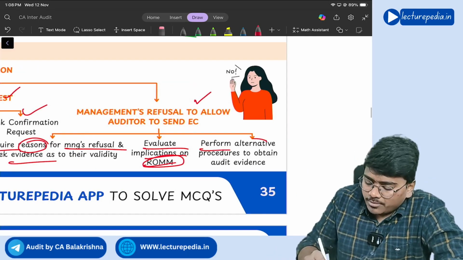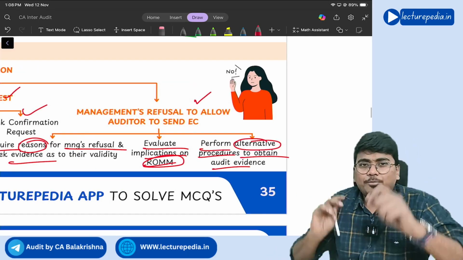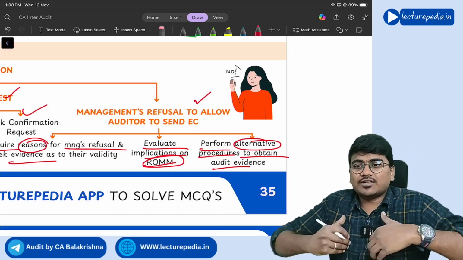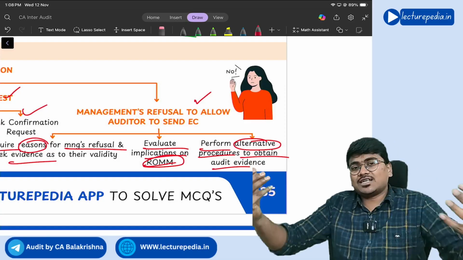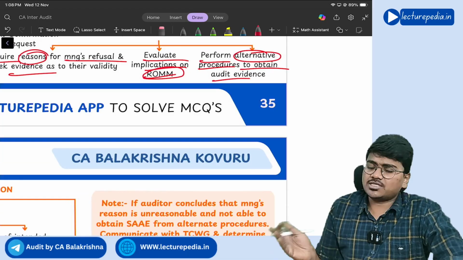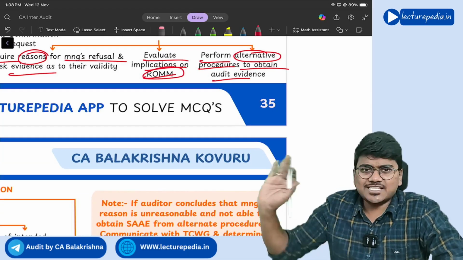Next, perform alternative procedures to obtain audit evidence. So in order to obtain audit evidence, you need to see whether you can perform any alternate audit procedures. If you are able to perform alternate audit procedures and get the audit evidence, then that is fine, well and good.